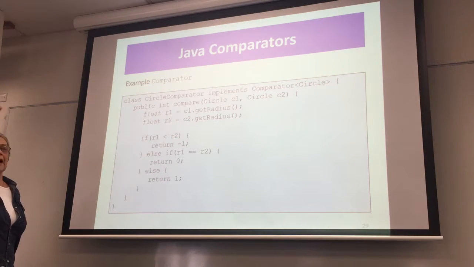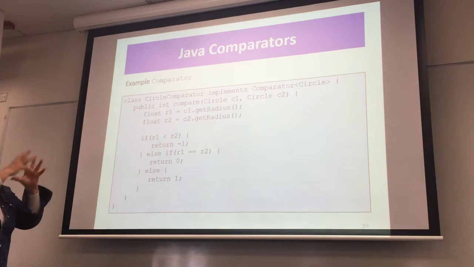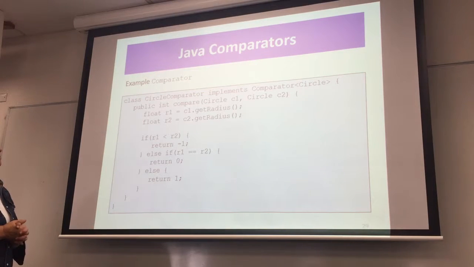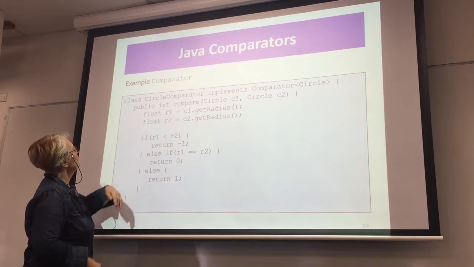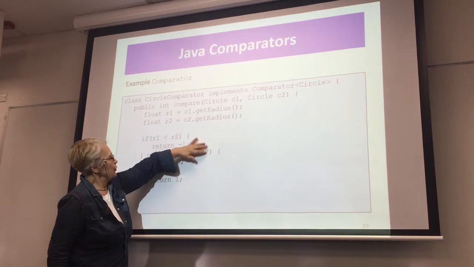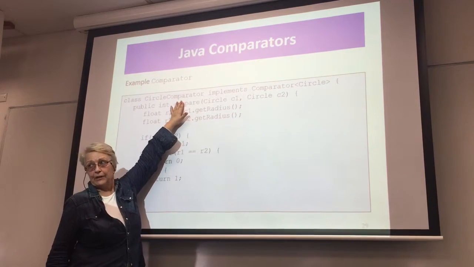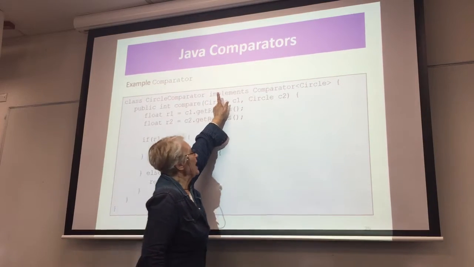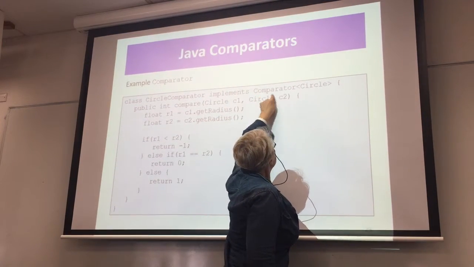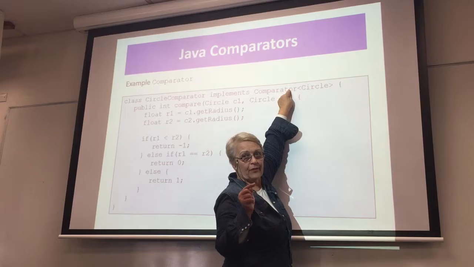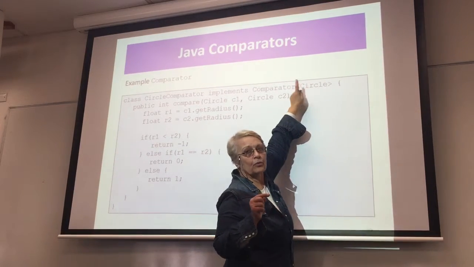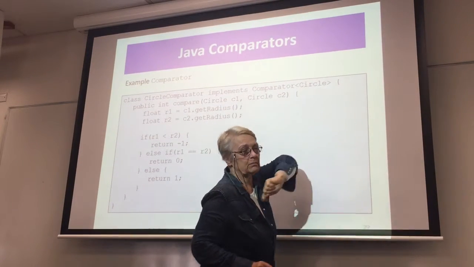We have the circle type, which we assume we have defined somewhere, and we have to define a class, circle comparator, which has to implement this is the interface, and you have to specify for what type, for our circle type.